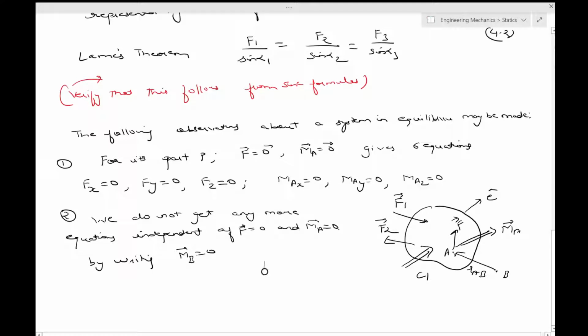Now the reason for this is, if you use the equivalent force couple system F and MA at A, then MB would actually be equal to MA plus RAB cross F, and this equal to 0 is automatically satisfied.